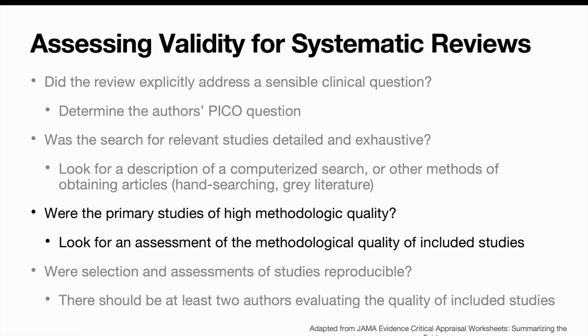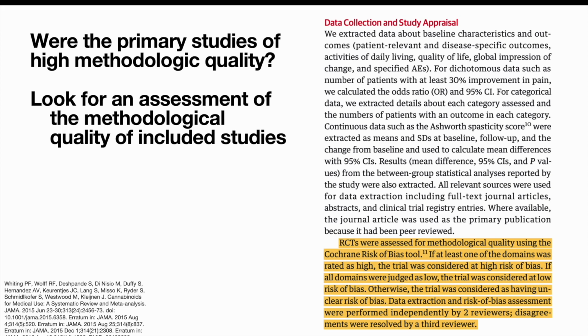Next, we want to see, were the primary studies of high methodologic quality? So we're going to see an assessment. And down here we saw data collection and study appraisal. We found that randomized controlled trials were assessed for methodological quality using the Cochrane risk of bias tool.